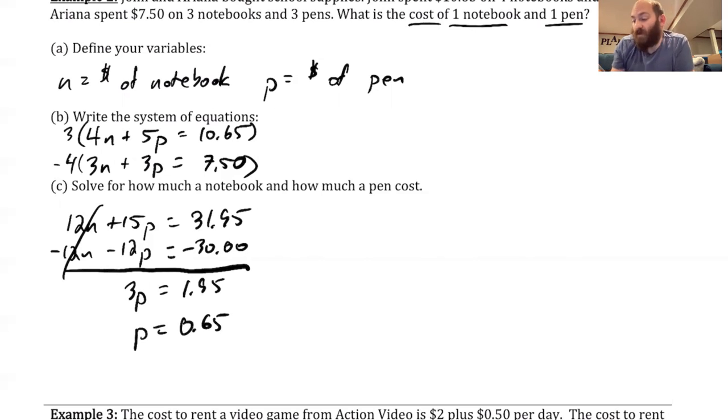So from there, I'm going to go back to one of the equations. So I'll do the second equation. So I'll do 3N plus 3 times 0.65 equals $7.50. Okay, so that's 3N plus $1.95.